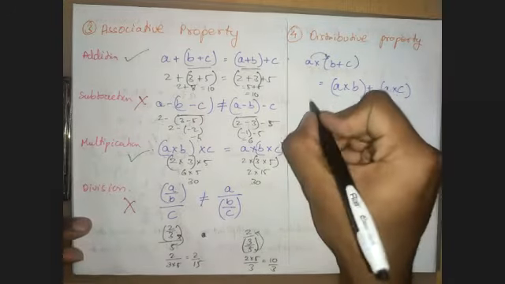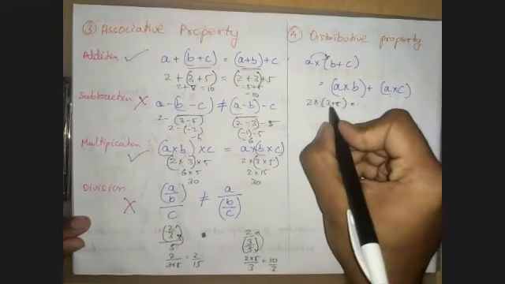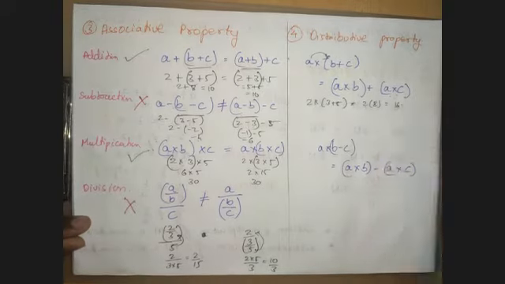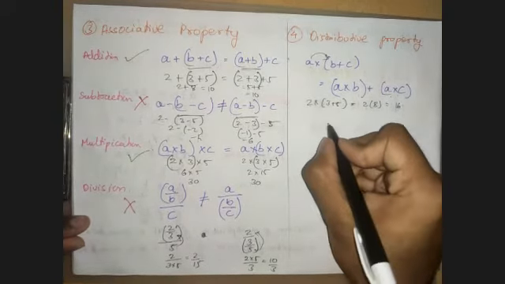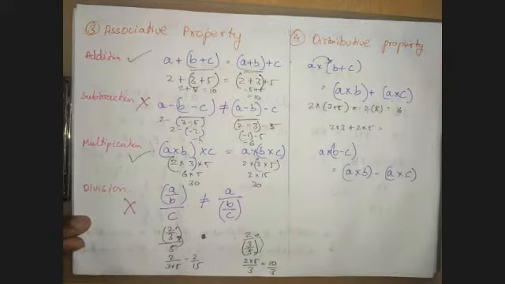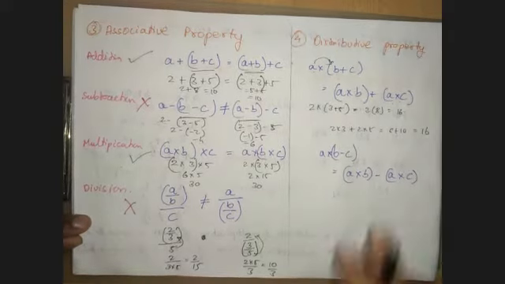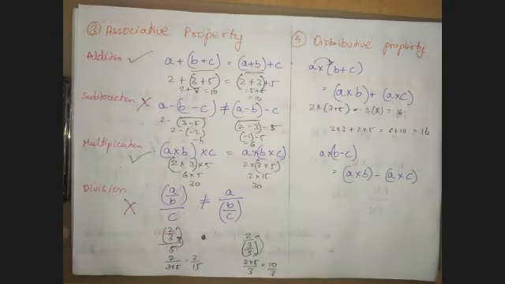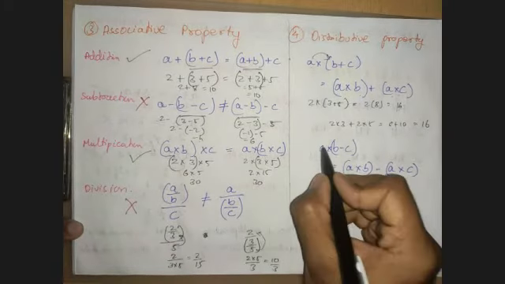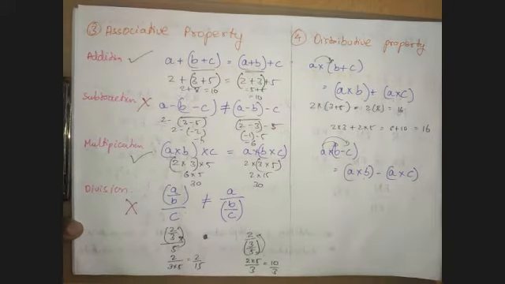Let us check with an example. 2 into (3 plus 5): 3 plus 5 is 8, 2 into 8 is 16. Now distributing, that would be 2 into 3 plus 2 into 5, which is 6 plus 10, equal to 16. So yes, the distributive property is satisfied for rational numbers. The same happens for subtraction also: A into (B minus C) gets distributed to B and C, giving A into B minus A into C.